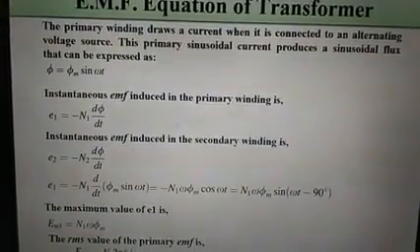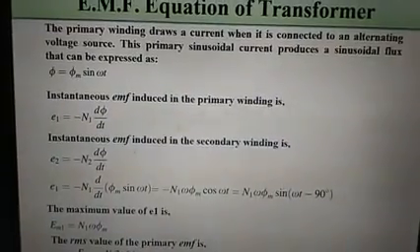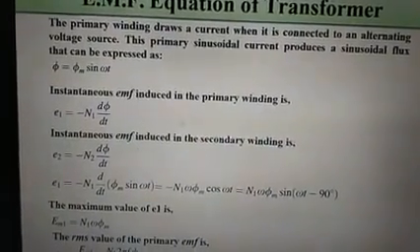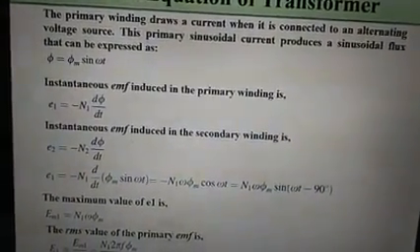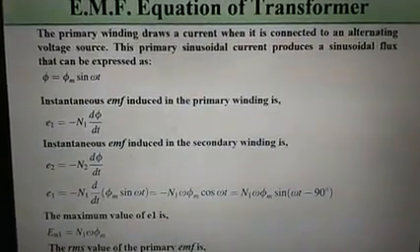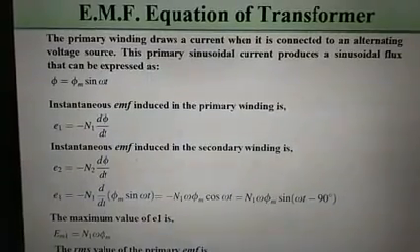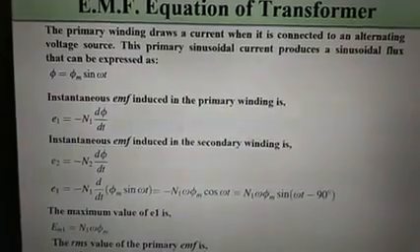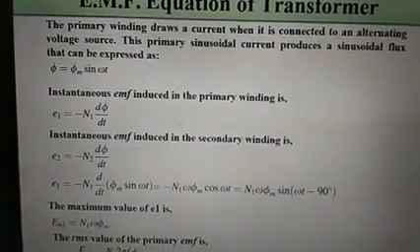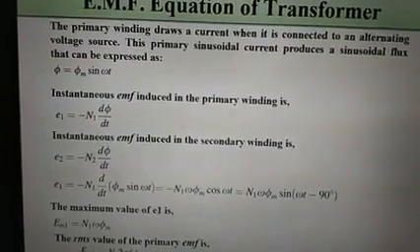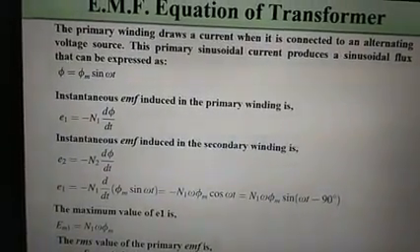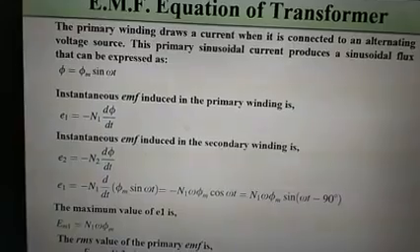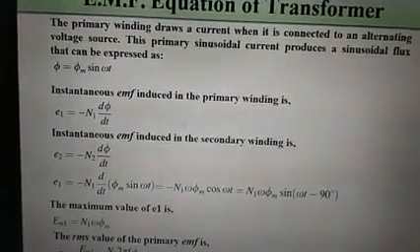This primary sinusoidal current produces a sinusoidal flux that can be represented as phi is equal to phi m sin omega t, where phi m is the maximum amplitude of the flux. The instantaneous EMF induced in the primary winding is, let us say, E1 is equal to minus N1 d phi by dt, and for the secondary winding it is minus N2 d phi by dt.